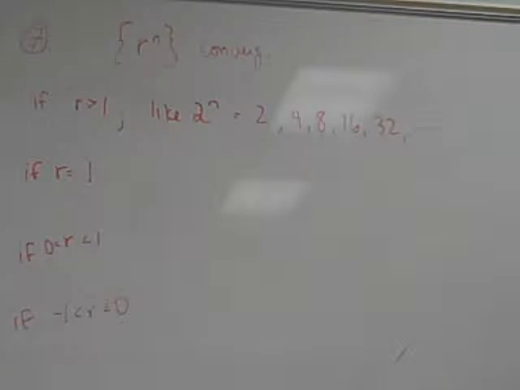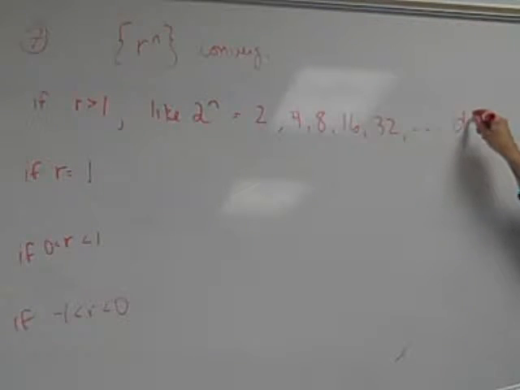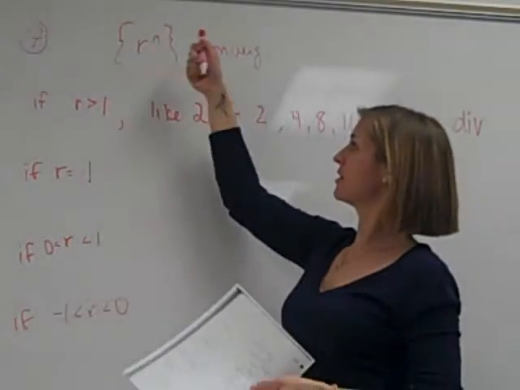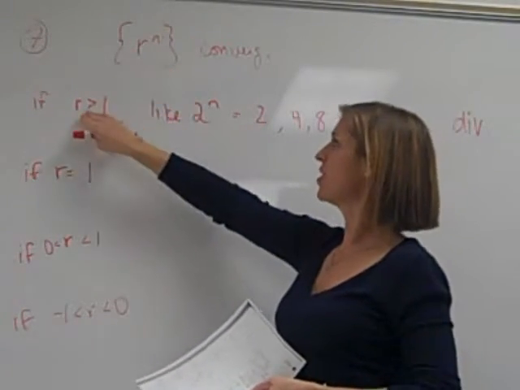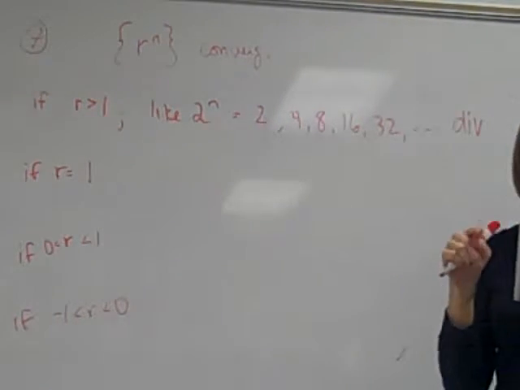What's happening as n goes to infinity for that? What's happening to the sequence? It's getting huge, right? It's blowing up, getting bigger and bigger. So we're diverging here. So if they want to know for what values of r this converges, well, r can't be bigger than 1. So I was able to rule out choice A.